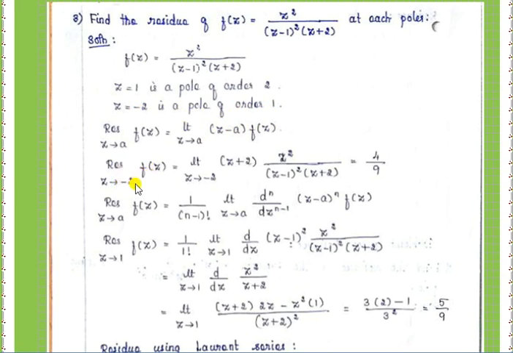So limit z tends to minus 2 of f of z equal to limit z tends to minus 2 of z plus 2 into f of z, where f of z is z square by z minus 1 the whole square into z plus 2. z plus 2 getting cancelled. Next I am directly replacing the point. I will get minus 2 the whole square is 4, and minus 2 minus 1 is minus 3. Minus 3 the whole square is 9. So this is the residue value of the corresponding poles.